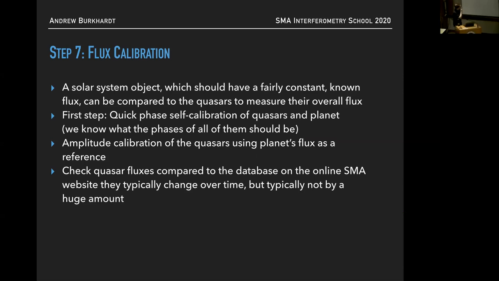And the last big step for the calibration that we want to do is the flux calibrator. So here, for some sort of solar system object that we look at, we should know that the flux is fairly constant. Its flux is not going to be rapidly changing, as it's just kind of a disk.